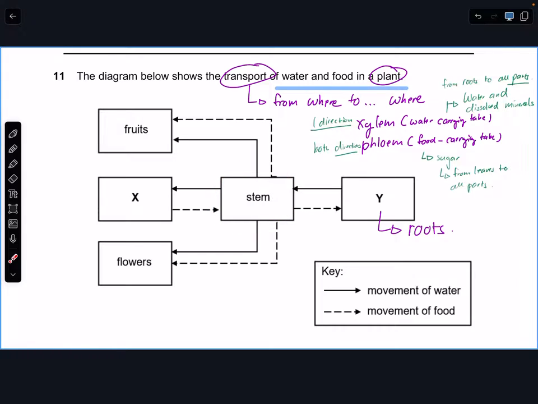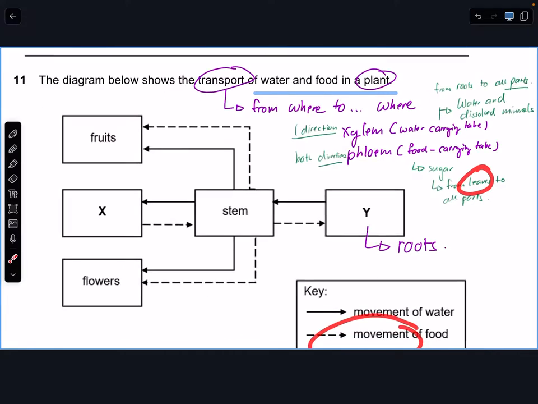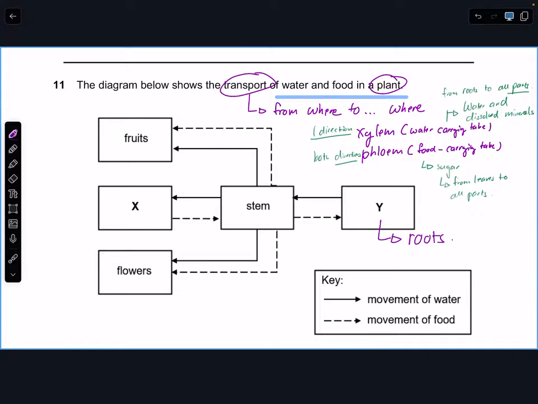Then after that, you go to this unknown, your X. Your X is the one that transports food. This part X is the origin of your food, so it has to be your leaves. Food in the form of sugar has to go to the stem first before it goes anywhere else.